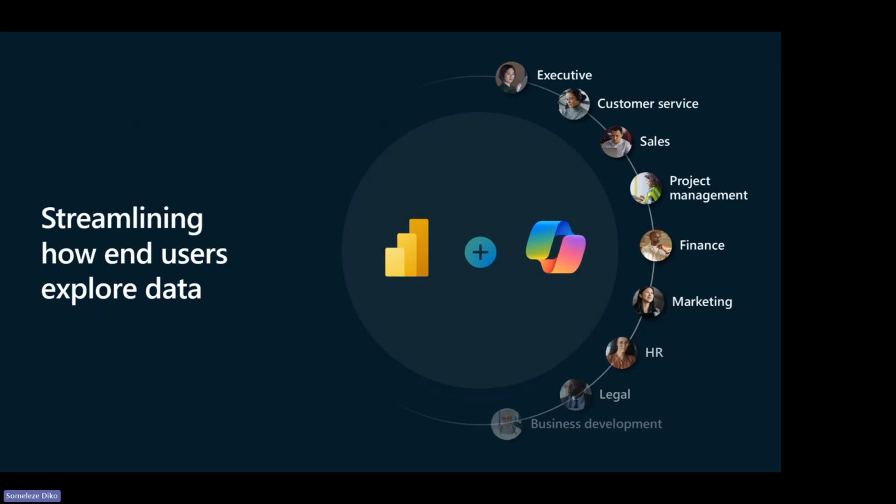Now, which industries can benefit from this? It can go across different industry verticals, for example the ones that you see on the screen. In finance, it can highlight spending trends or growth opportunities, so people from finance can have that conversation instead of having to drill into the Power BI report, if you've set it up that way.